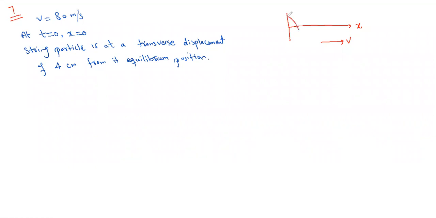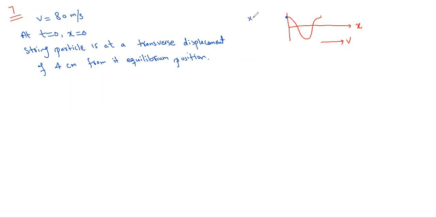So when you start this oscillation, t will be 0, and at this point x is also equal to 0, because this point lies on the y-axis.